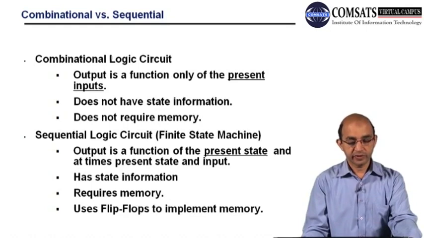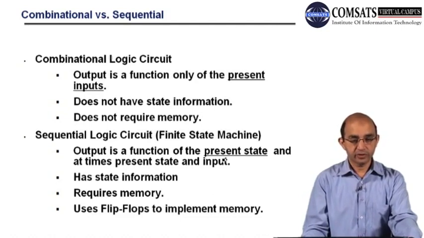So, combinational versus sequential. In combinational logic, output is a function of input only. So we don't have any state information, and there is no storage element required for combinational logic implementation. On the other hand, in sequential logic, output is a function of present state and input.